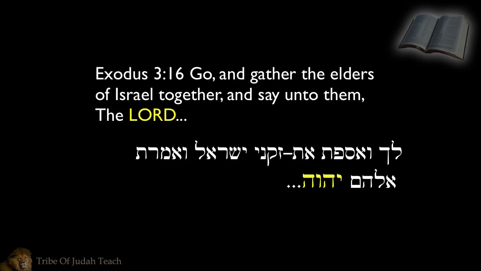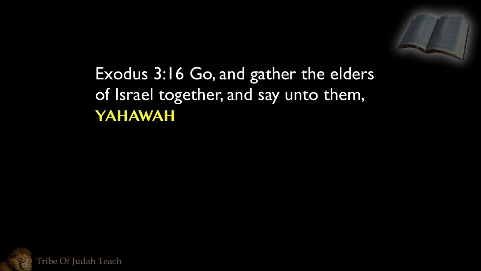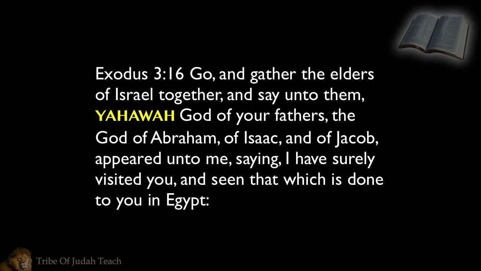Notice where it says Lord in English, the Hebrew says Yahweh. That's 2 times back to back that the Most High said his name was Yahweh. It says Yahweh, the God of Abraham, of Isaac, and of Jacob, appeared unto me, saying, I have surely visited you and seen that which is done to you in Egypt.